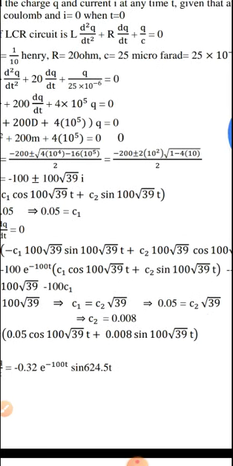So substituting the value of C1, you can calculate C2. C1 is 0.05, so C2 will be 0.008.